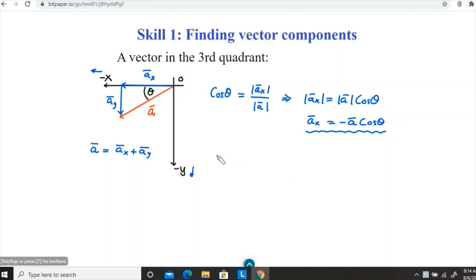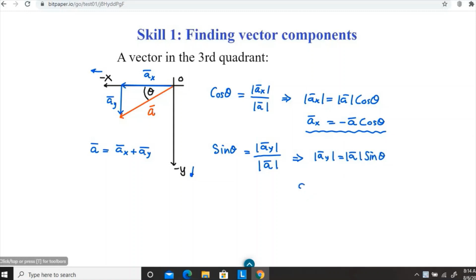Now for the ay vector, we are going to use the definition of sine theta, the magnitude of the ay vector over the magnitude of the A vector, and just like in the previous case, we find the magnitude of ay is equal to the magnitude of the A vector times sine theta.